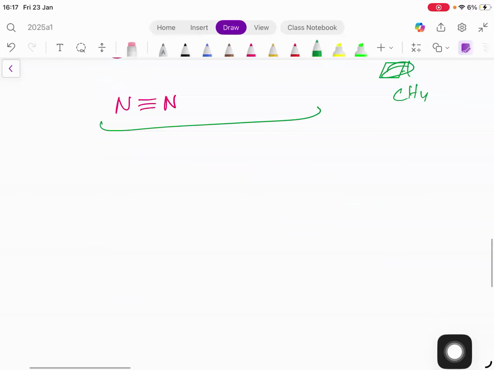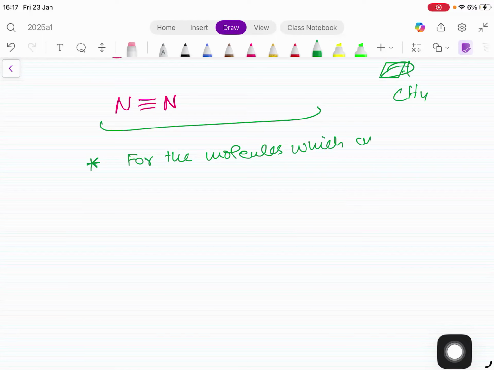You can put a star and write: for the molecules which are not diatomic, which are bigger.